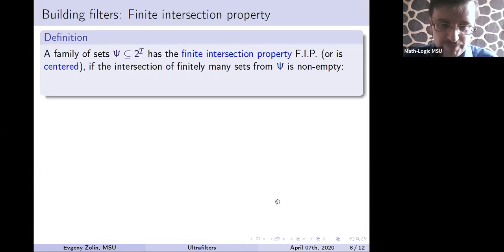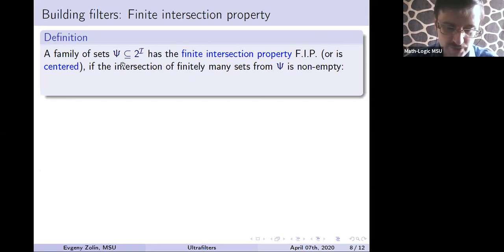Okay, how can we build filters if we have some collection of sets? What is the necessary and sufficient condition for the existence of a filter that has these elements, has these sets?